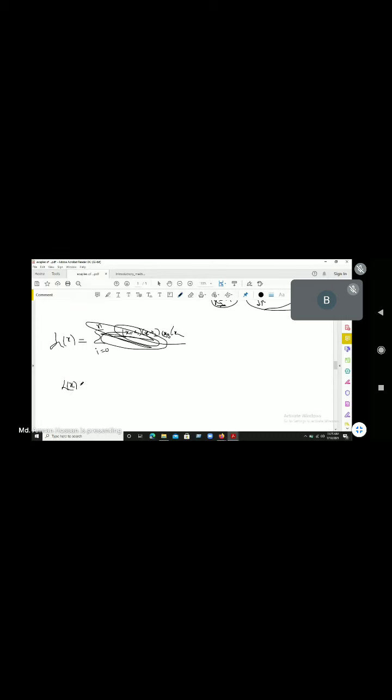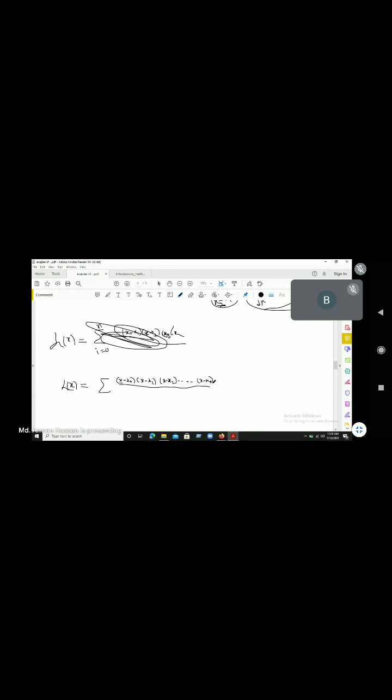Lx equal summation, x minus x naught, okay, x minus x1, x minus x2, dot dot, x minus xn.